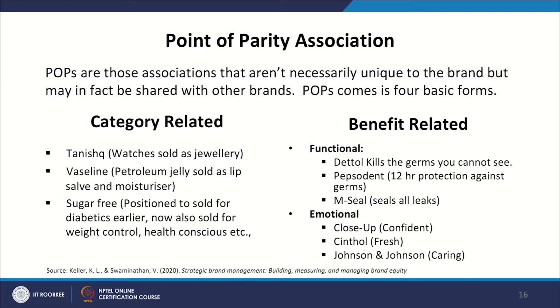And then benefit related, functional and emotional. We have talked about these elements at length. Examples in terms of functional are Dettol, Pepsodent, M-Seal, and emotional can be in terms of Synthol with reference to freshness, and especially Johnson & Johnson's in terms of caring.